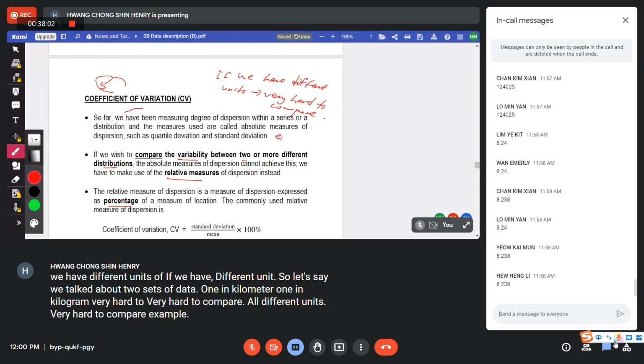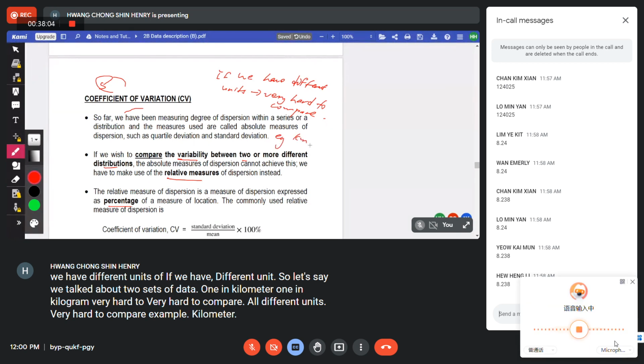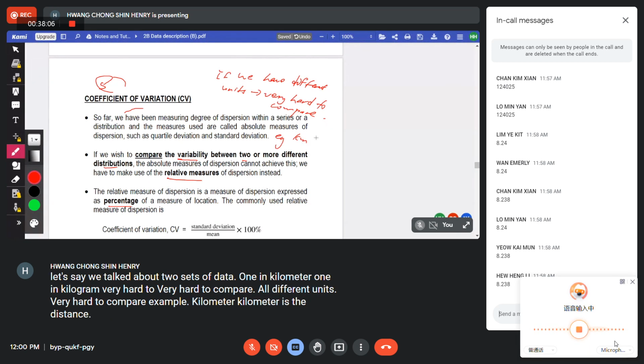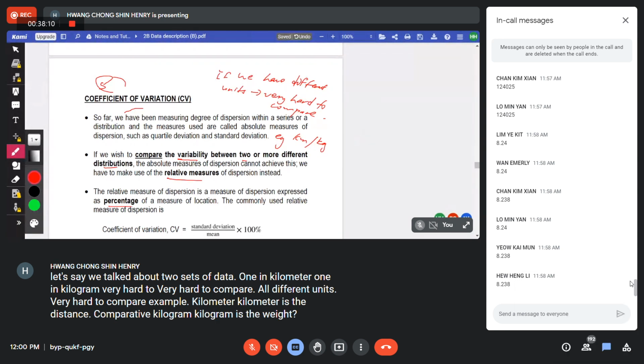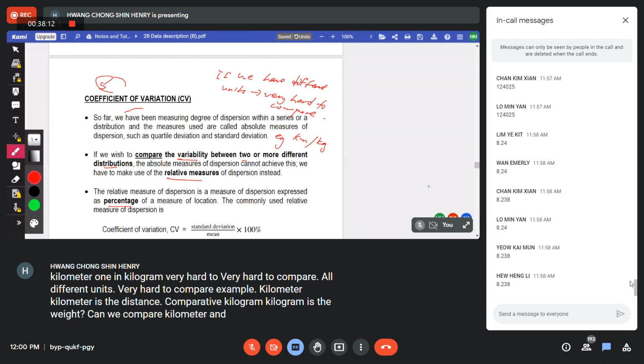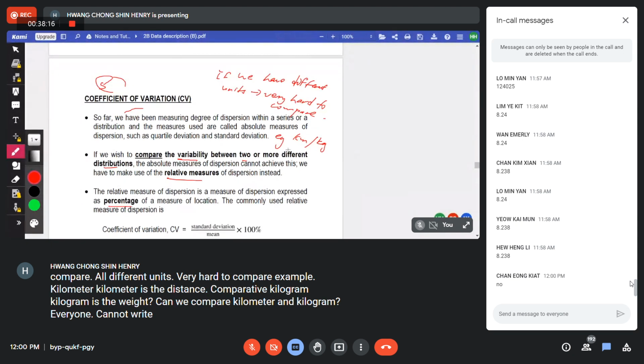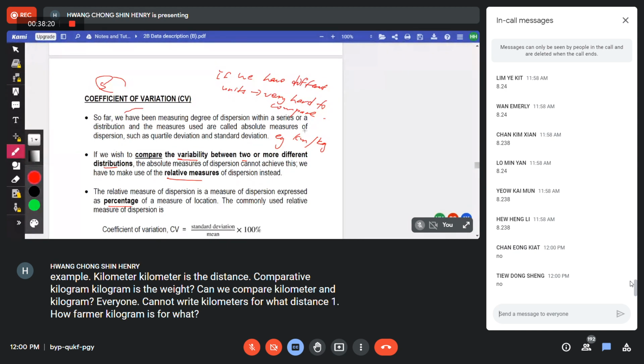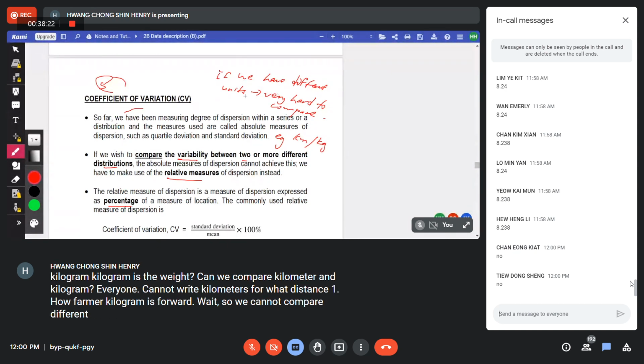Different units, very hard to compare. Example, kilometer. Kilometer is the distance. Compare with kilogram. Kilogram is the weight. Can we compare kilometer and kilogram? Everyone? Cannot, right? Kilometer is for distance, how far. Kilogram is for weight. So we cannot compare different units. So what do we need to do?